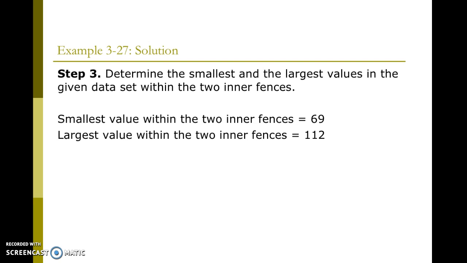Now, we're going to determine the smallest and largest values in the given data set within the two inner fences. Again, the fences are keeping what should be considered normal inside the box and whisker plot, leaving any outliers outside of that. The smallest value within these inner fences from our data set is 69.